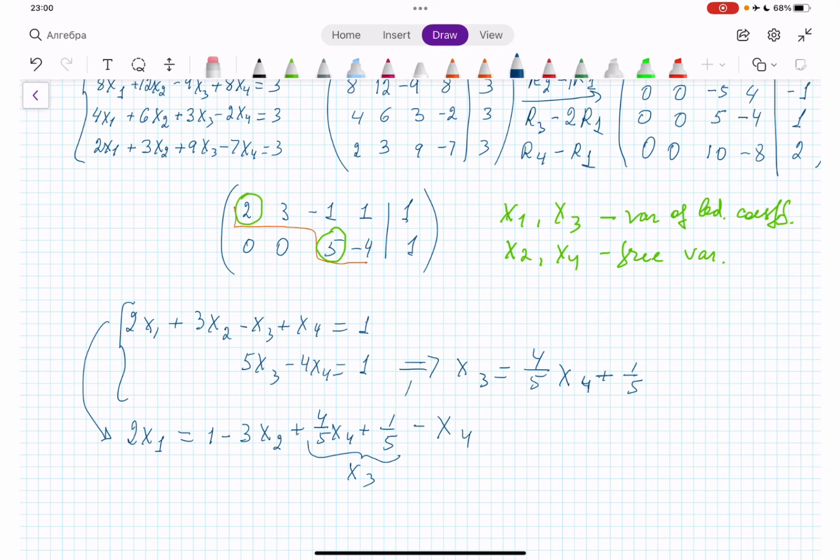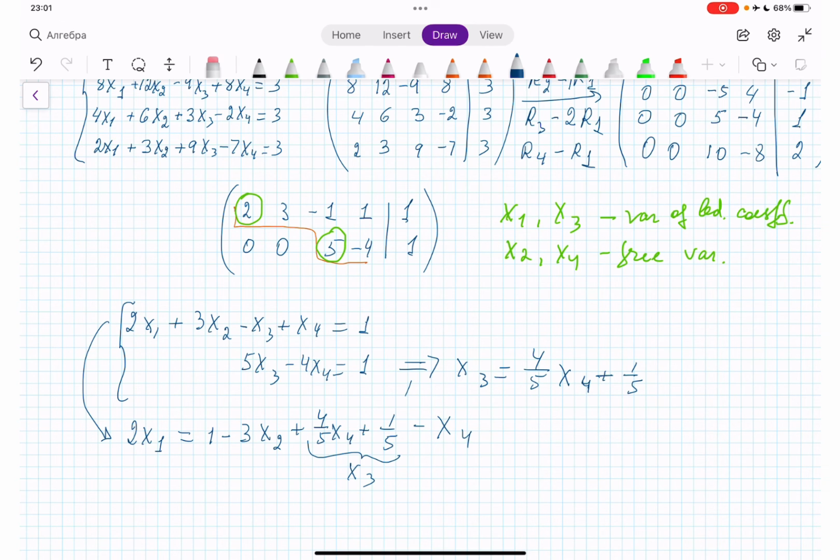Because I can't keep a fundamental variable, or variable of leading coefficient, involved with another fundamental variable. Why can't I allow these two to be involved together? Because we cannot assign an arbitrary value. This is why we need to get rid of x3 in x1 and replace it with x2 and x4.